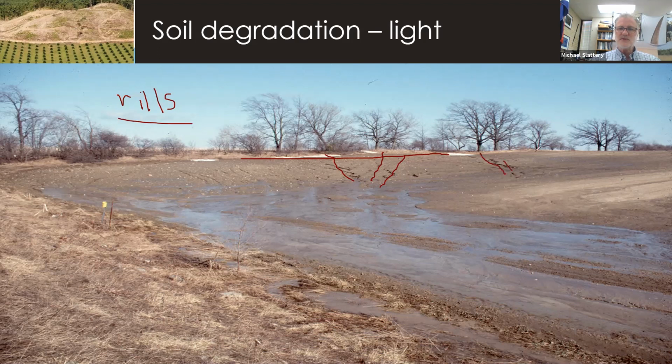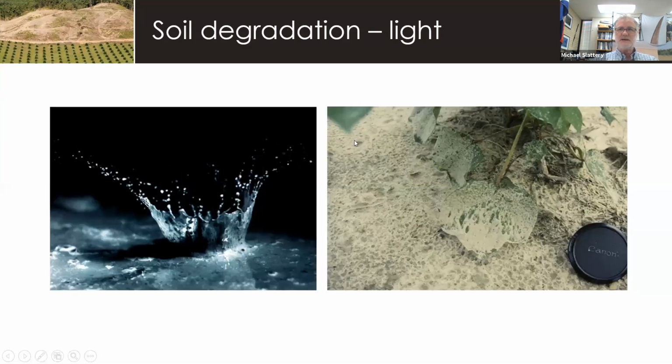Here's another set of rills, and the sediment is being transported and deposited in the bottom part of this agricultural field. Again, there are measurable ways to define what light erosion is, but this is recoverable. This is not catastrophic erosion being removed from a particular location.